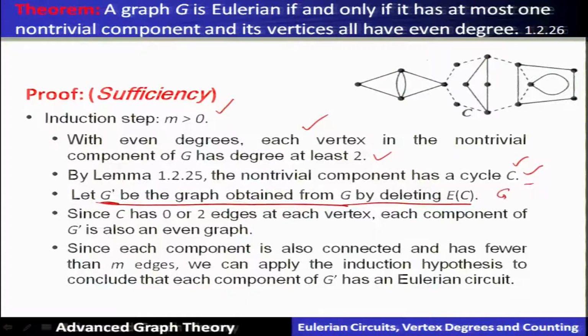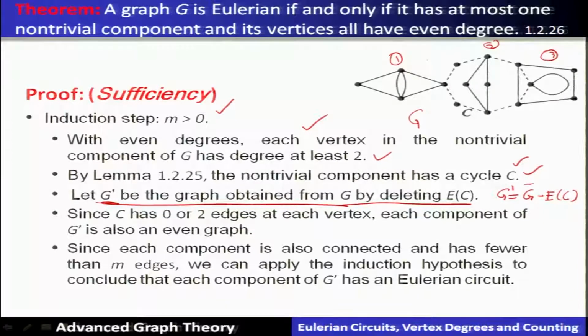So, G prime is nothing but G minus E of C. Here in this particular example, if this is G and this C is the cycle which is shown dotted, if you remove it, what will happen? It will be broken into component 1, component 2 and 3. So 3 components will be available once it is deleted.